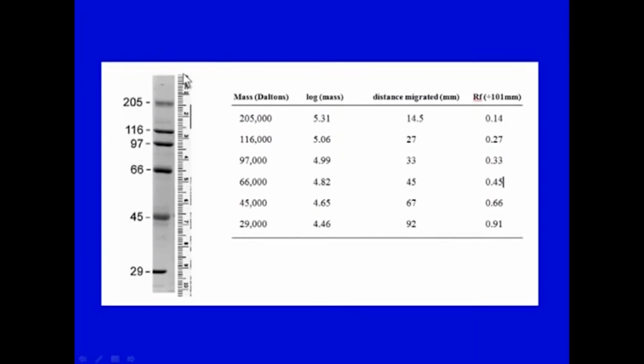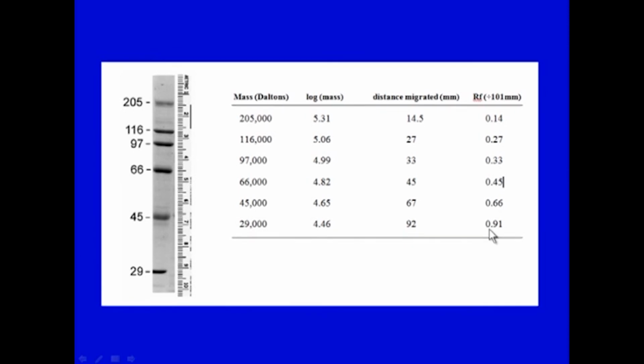So, what is done? For example, these are your standards here. The migration of the standards is taken. These are the molecular masses, and you calculate the log of molecular mass, and then the distance migrated. So, you have a distance like 14.5 millimeter for this band, and likewise 92 millimeter for the last band, and the total gel length is around 100 millimeter.